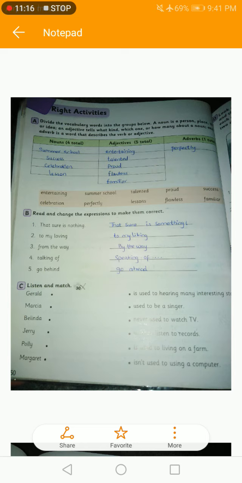It should be to my liking. Then the third one, from the way, should be by the way. Then the fourth one, talking of, means speaking of. Then go behind means go ahead. So these are the correct expressions. In this page, exercise C is not included in your syllabus, so you have to cross out exercise C.